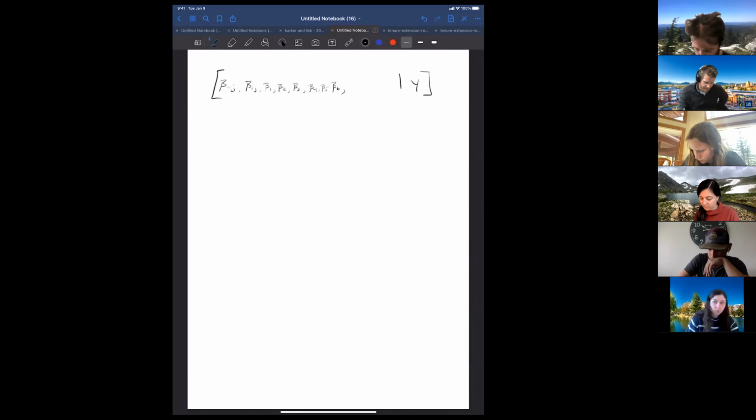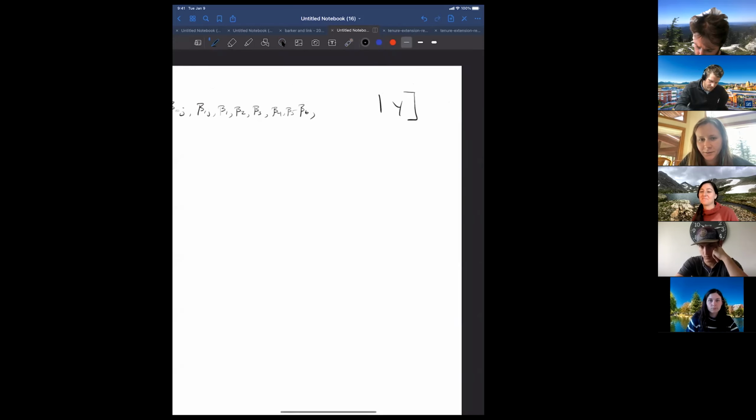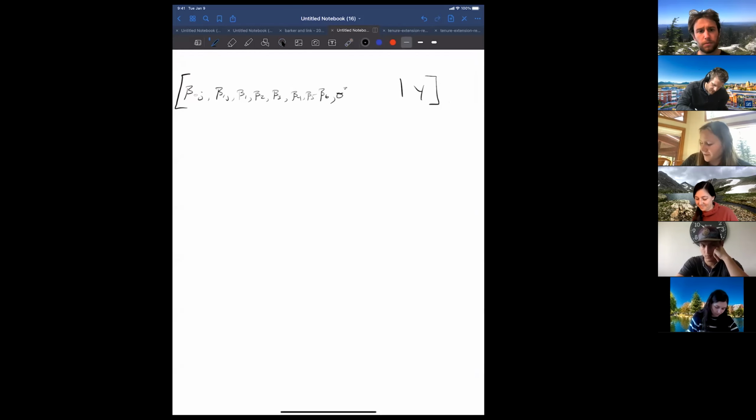What else? Sorry, I was just going to say sigma squared. Yep. Sigma squared. Four more, I think. Need the sigma squared beta 0, and beta 1.